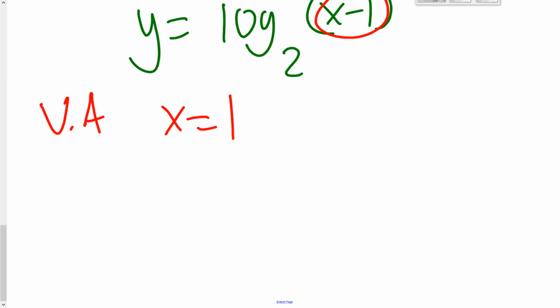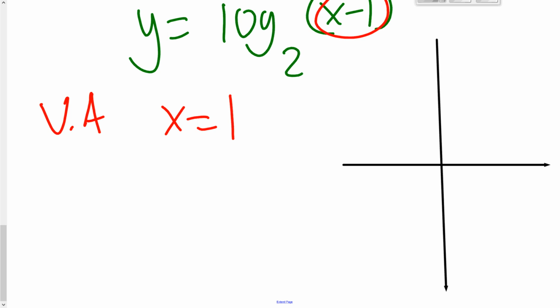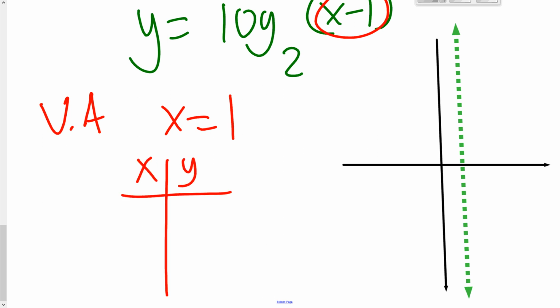So we can go ahead and graph that. There's our vertical asymptote at x equals 1. Now I have to find 2 other points, and there are a few different ways you can do it. You could plug in numbers. We know we can't plug in 1, but we can plug in 2.